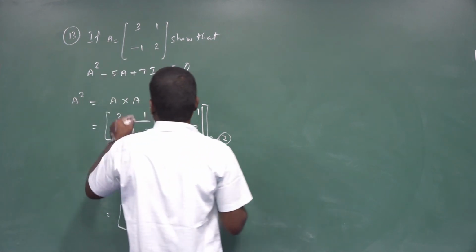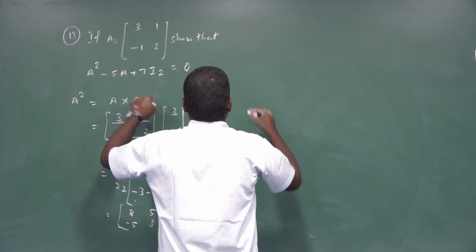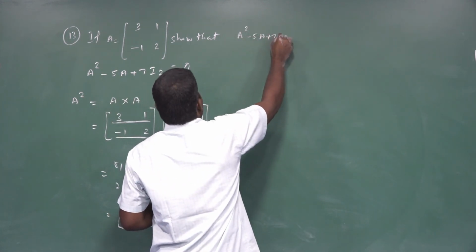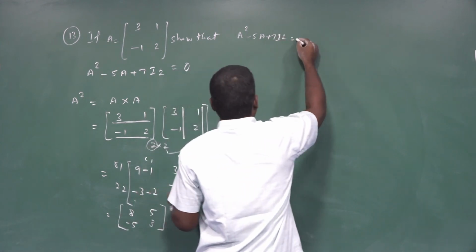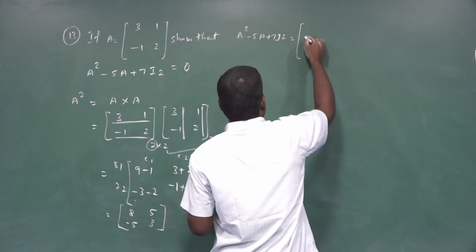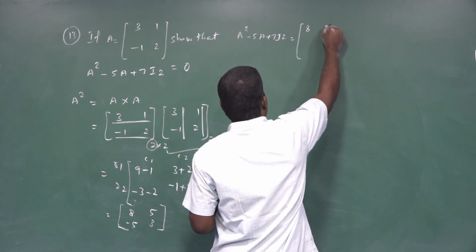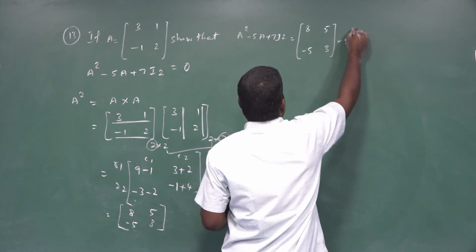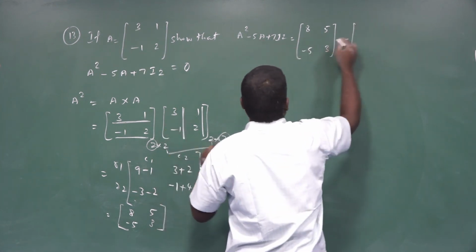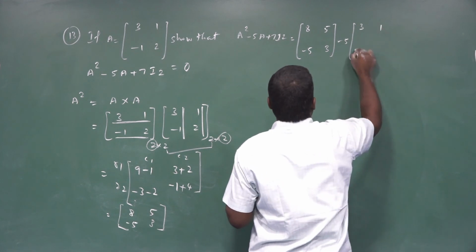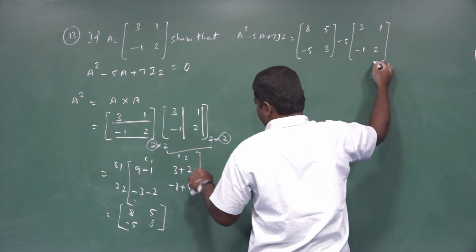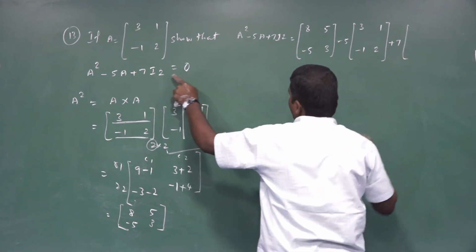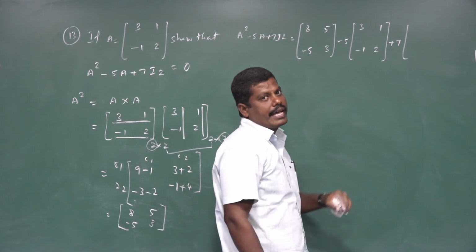Next, minus 5A is there. Directly we can write. Now we take the left side. A square minus 5A plus 7I2 is nothing but, here you take A square matrix 8, 5, minus 5, plus 3, minus 5 of A matrix 3, 1, minus 1, 2, plus 7 of I2 matrix. 2 into 2 order of I matrix.